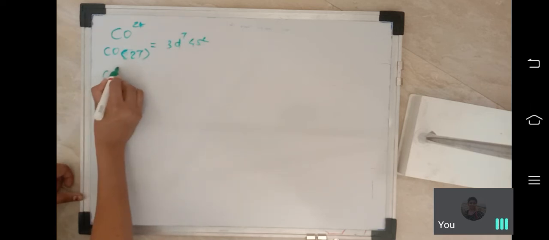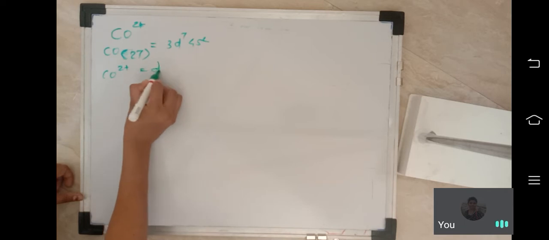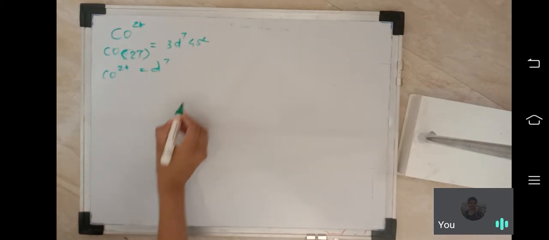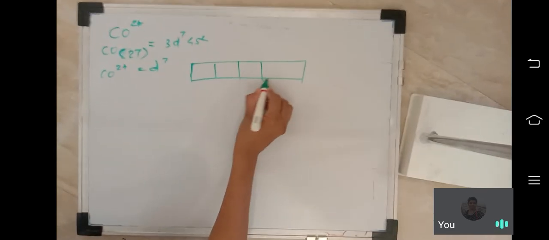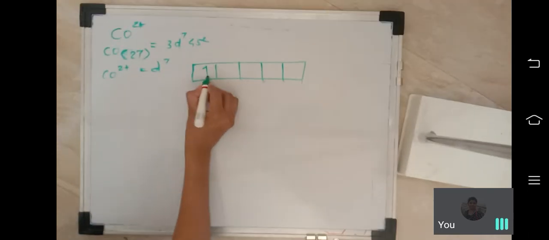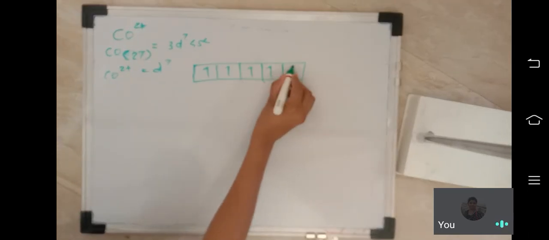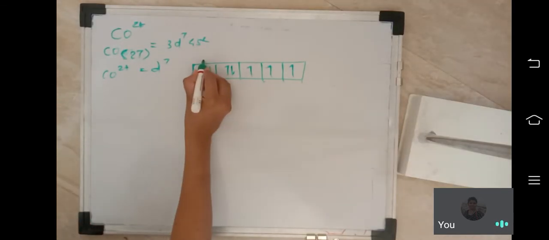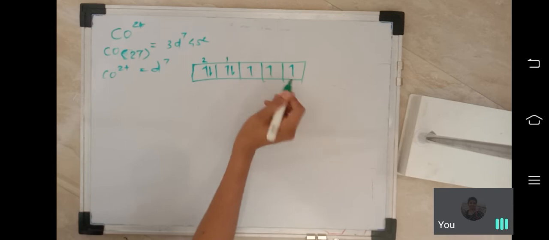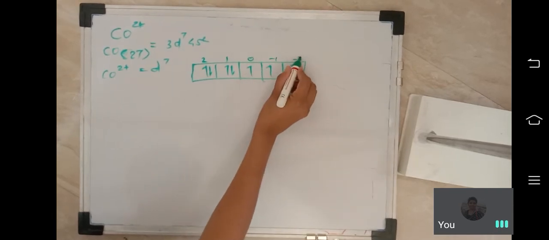Here cobalt 2 plus ion is there, so d7 is there. You just fill the electrons in the d orbitals, 1, 2, 3, 4 and 7 electrons are there, 1, 2, 3, 4, 5, 6 and 7. Here pairing is there. You just write the values of L: 2, 1, 0, minus 1, minus 2.